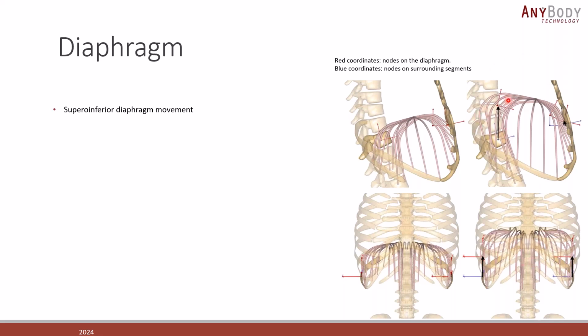These 2 are the pictures of when it goes up. The red coordinates are the nodes on the diaphragm, and the blue coordinates are the nodes on the surrounding segments. You can see that the blue nodes don't move here, and the red nodes are up here.